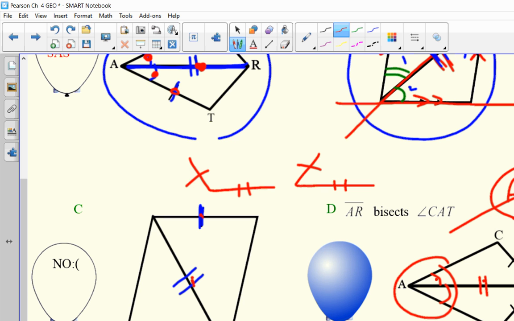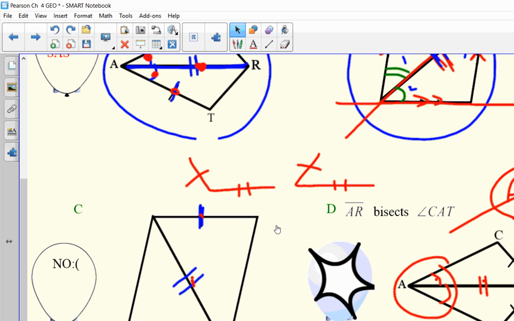So, and don't make stuff up. I see that on tests and quizzes all the time, ASS, because that's what I got. Well, that's not a rule. So don't make it up. Let's just see if I'm right. And that's a big fat no either. So just being careful here with what we got. Don't make stuff up, okay?